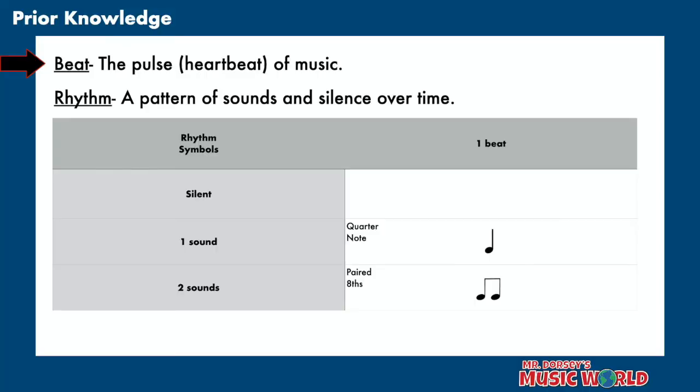Here's the information you need to know in order for you to read rhythms. The beat is the pulse or heartbeat of music. The rhythm is the pattern of sounds and silence over time. Now, when we hear one sound that lasts one beat, like ta, that is the quarter note.